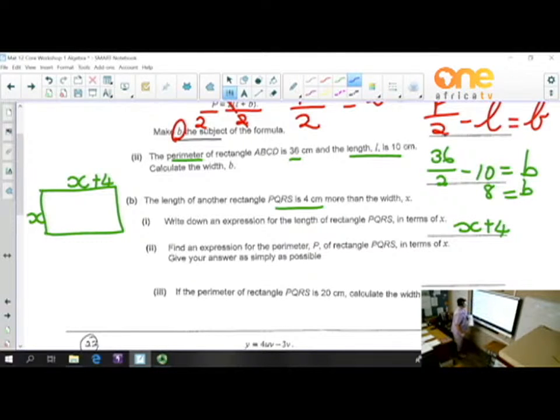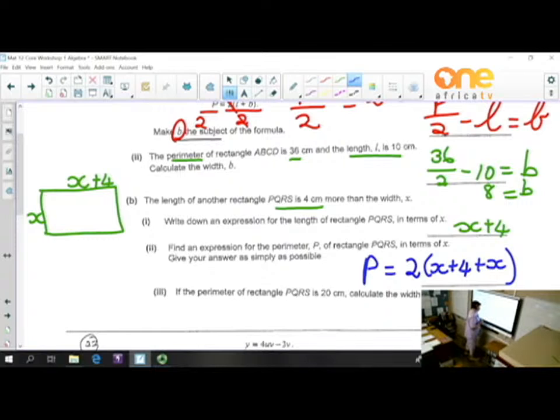Find an expression for the perimeter of the rectangle in terms of x. Right, so here we have the perimeter is 2 times length plus breadth. So I can say that the perimeter now is going to be 2 times the length, which is 2 times x plus 4, plus the width of x.